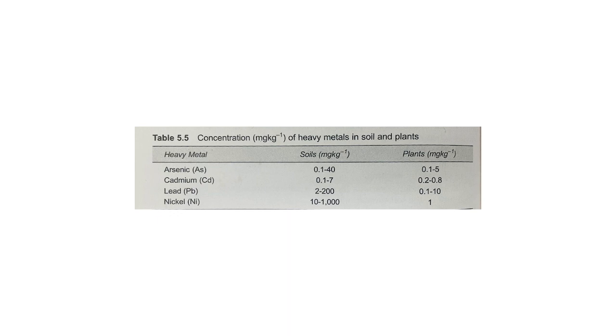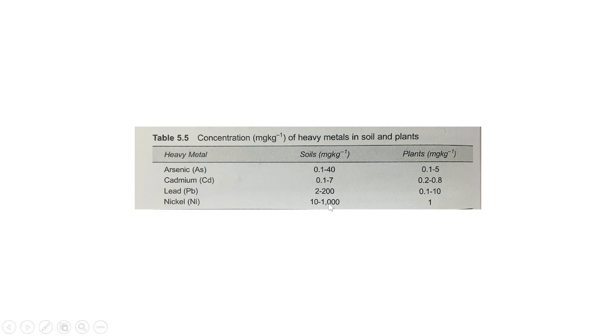So in the soil, if these are present at 0.1 to 0.4 milligram per kg, in the plants you can observe 0.1 to 0.5 milligram per kg. That means plants are absorbing that much amount of arsenic, or it can be absorbed.